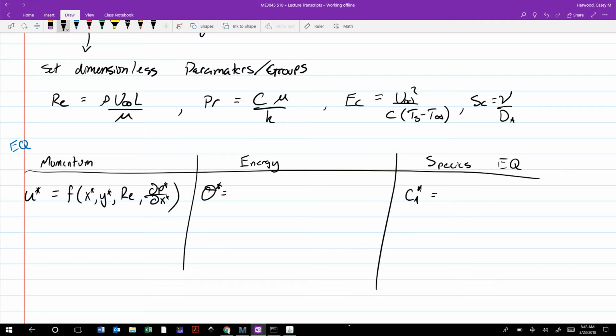The energy equation contains similarly x star, y star, Reynolds number, also the Prandtl number, and dp star, the dimensionless pressure gradient. Actually, I forgot the Eckert number in here.